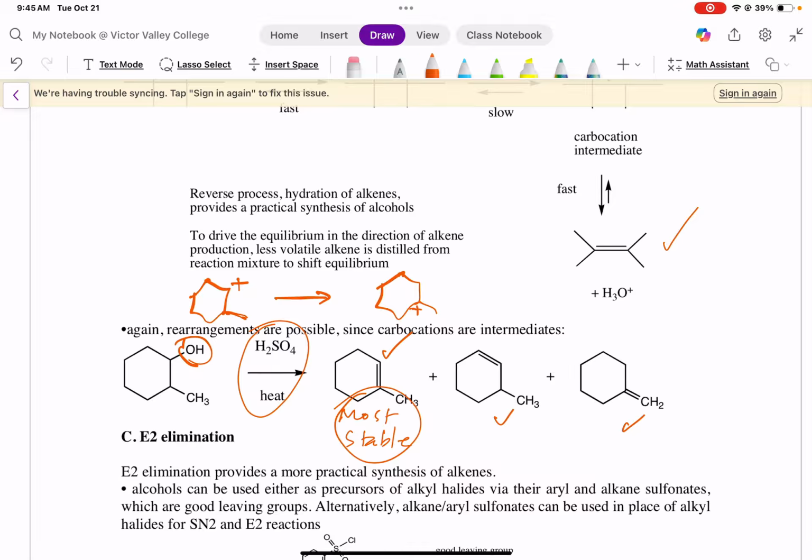So that's secondary, tertiary. The tertiary cation gives us two products, the most stable product and the least stable product. And then the secondary cation gives us this one from the secondary. The other two are from the tertiary.